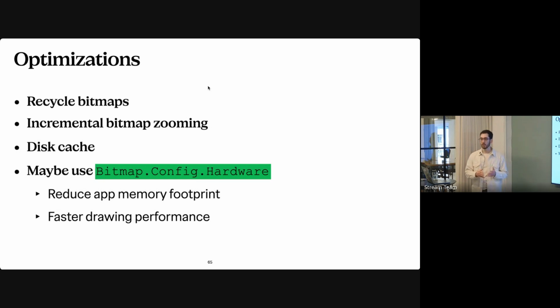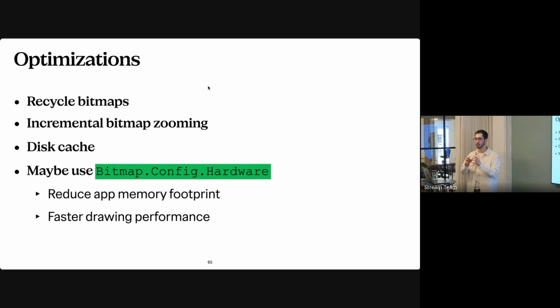I didn't understand what this is in the beginning, so I asked around the internet, and apparently, when you draw a bitmap on the screen, the bitmap data is copied over to the GPU, and then it's held in the GPU memory, and then the GPU can draw it on the screen. What this allows is to skip that copying phase.